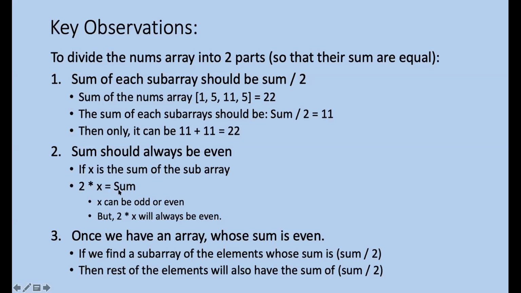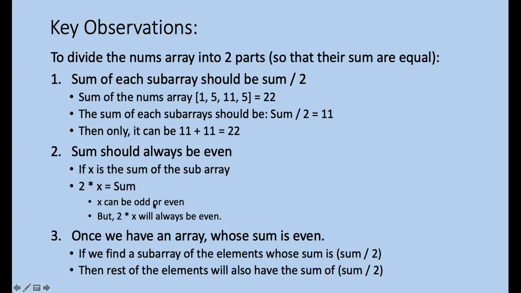Now, x is a positive integer, right? A positive integer multiplied by 2 will always give us an even result. That's just a math fact. Remember, x, the sum of a subarray, can be odd or even, but 2x will always be even. So that's why the observation was that the sum should always be even.